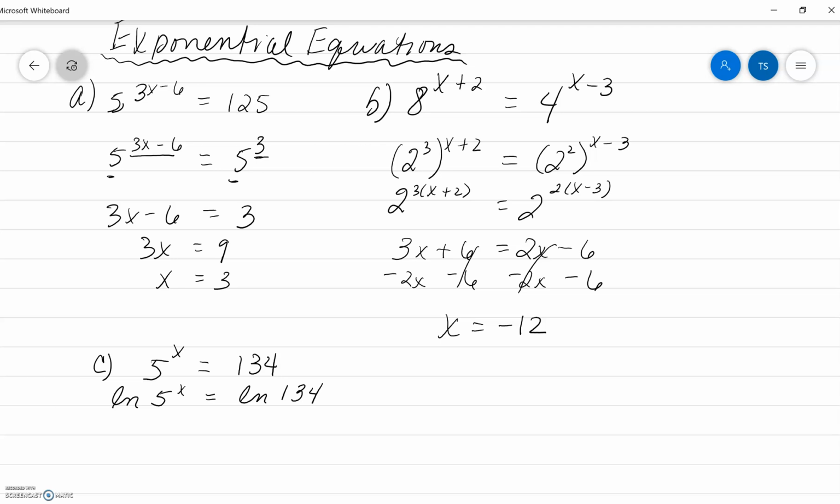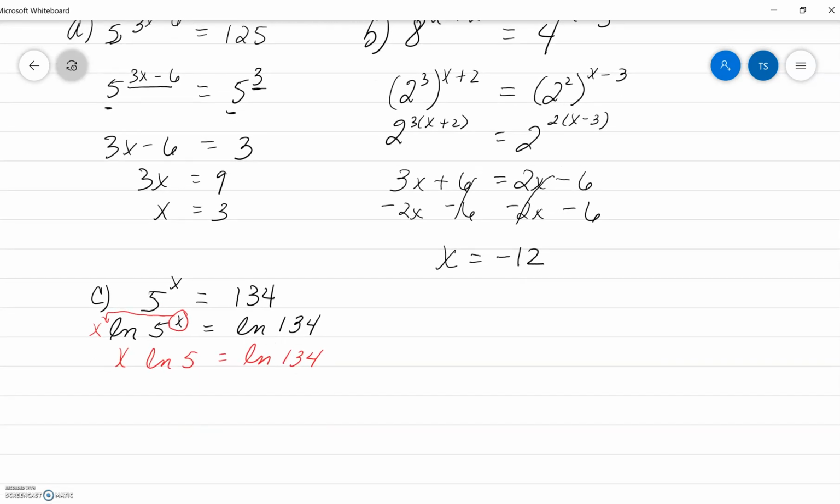Does not matter. So now with this right here, that x by the power property of logs is going to become a coefficient. So we're going to have x times the natural log of 5 equals the natural log of 134. Now, I'm not touching my calculator until I get x all by itself.